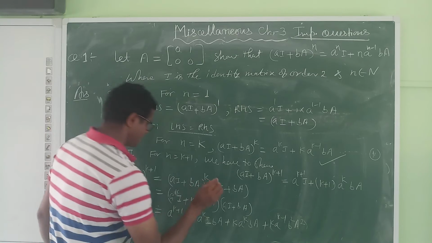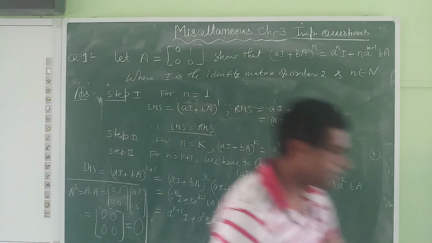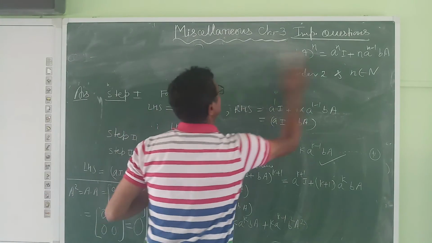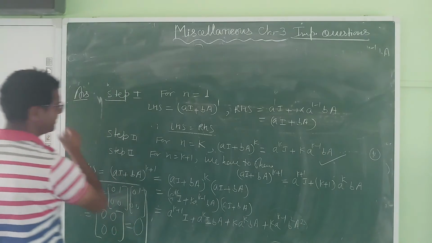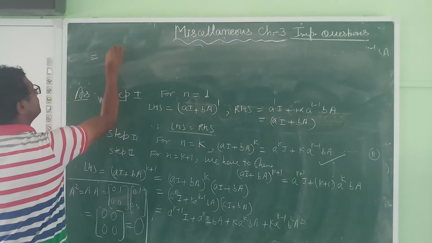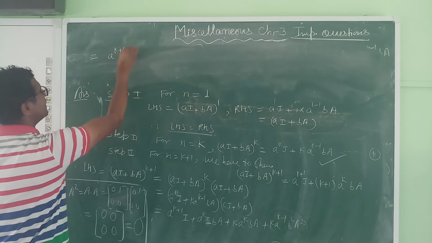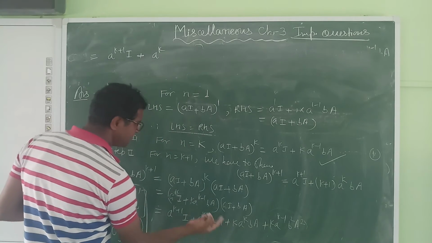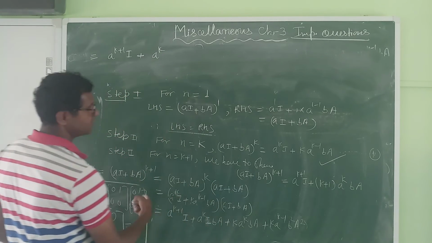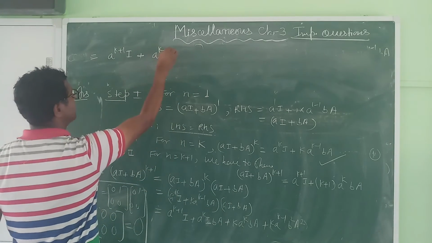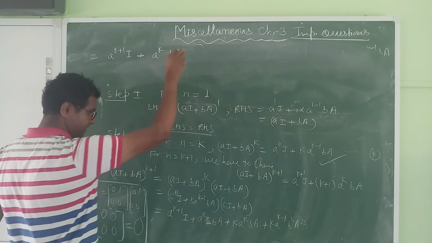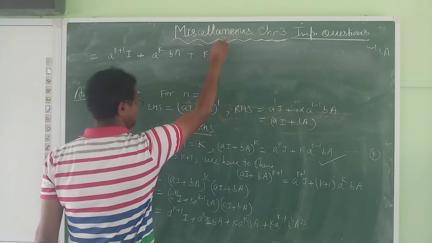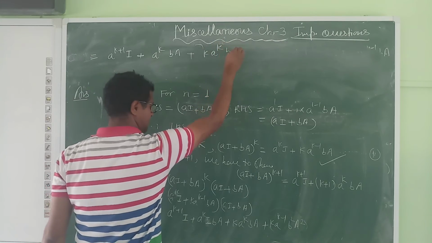Okay. So you can write the next step. In the next step, a^(k+1) I plus a^k I bA. You may ignore the I, I bA simply can write bA, plus k a^k bA.